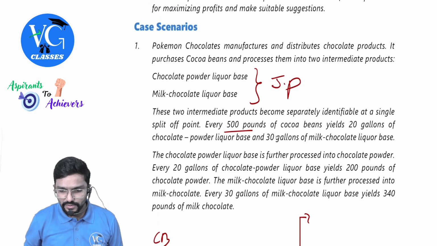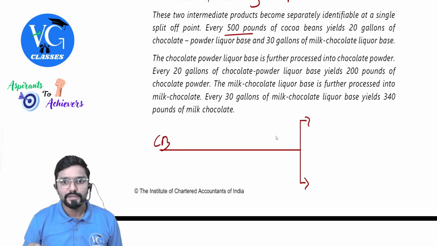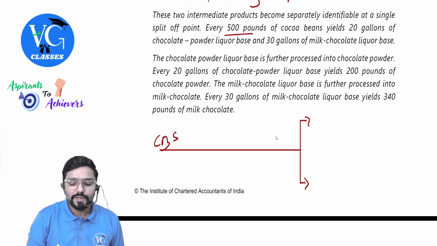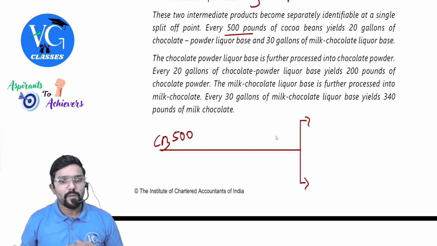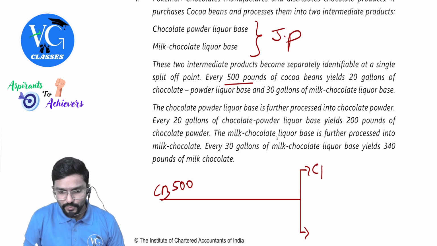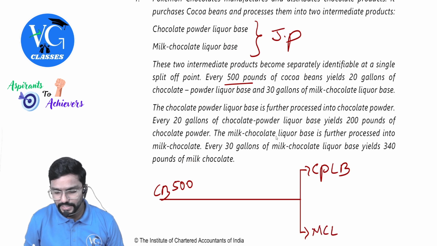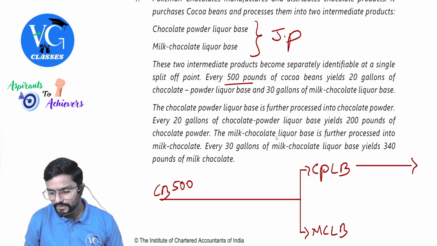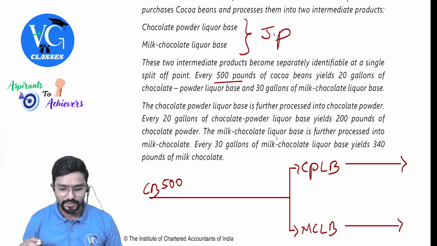So 500 we are using of cocoa beans. Now this will give us chocolate powder liquor base and the other one is milk chocolate liquor base. Can I further process? Yes, sir. I can further process it.